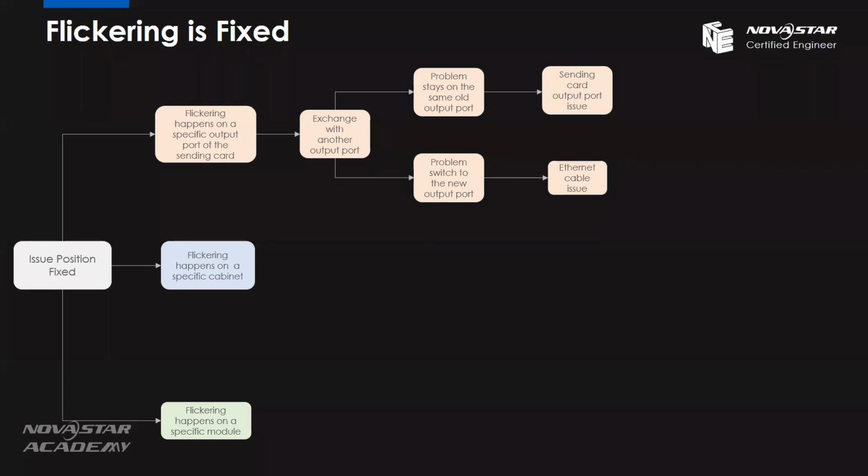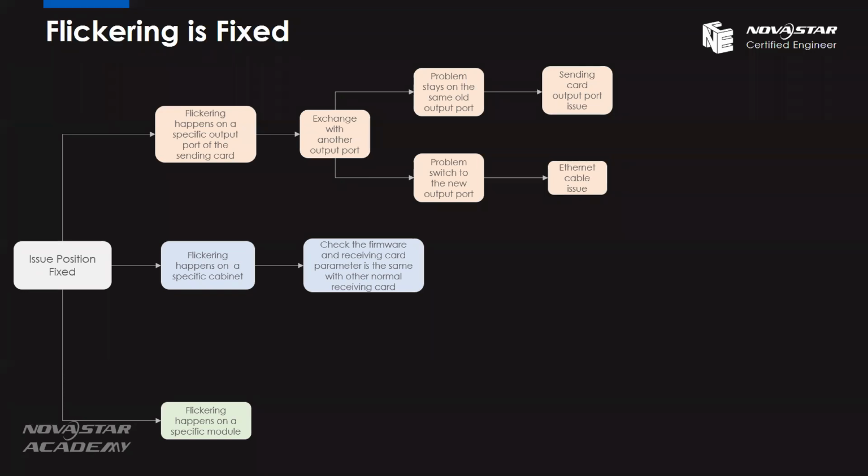If the flickering happens on a specific cabinet, now it's not the whole screen flickering, only one cabinet. So what could be the possible reasons? The first thing, I think we can check the firmware and the receiving card parameters, like the RCFGX file. We can confirm whether this information is the same as the other receiving cards, because now we only have one abnormal one.